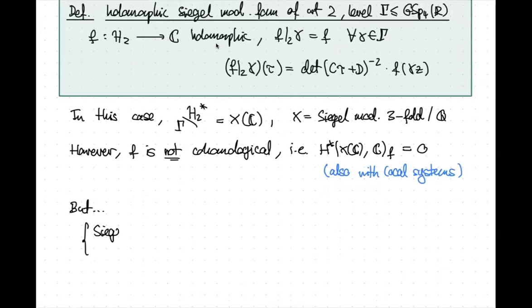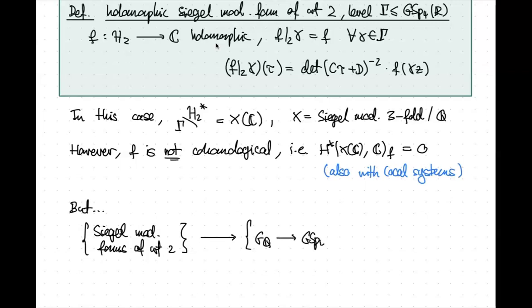So if I look at Siegel modular forms of weight 2, by the way, a good analogy to have in mind is that these behave like modular forms of weight 1. So they're too low to be seen directly in cohomology. Okay, and these still give you Galois representations, valued in GSp4(Q_l).